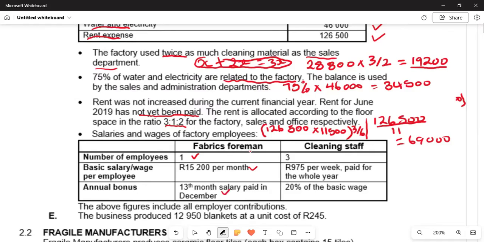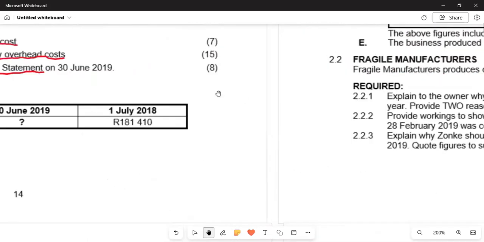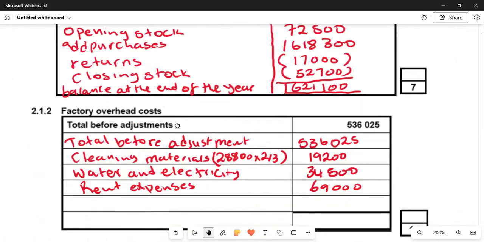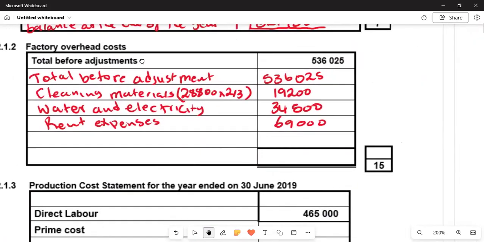So now we are going to work on using this information that we are given. Let's go straight to the answer book and see how we are going to work it out.